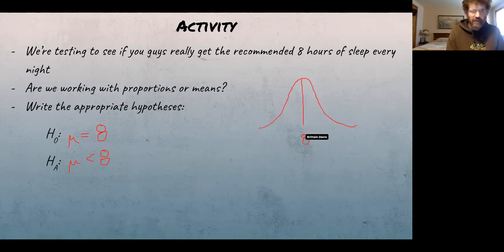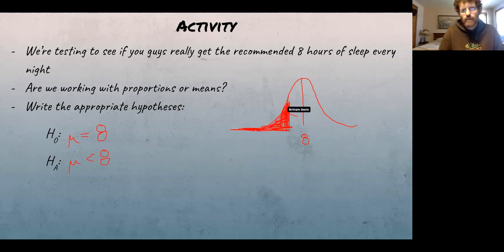Now you guys are going to be on the left side of that. We know that. Now, are you guys so far to the left that it could not have happened by random chance, and this is the only probability, just that small tail over there? Or are you somewhat close to the mean? And so it could have just been random chance. Maybe if I got a different sample of teenagers, it would have been closer to 8.